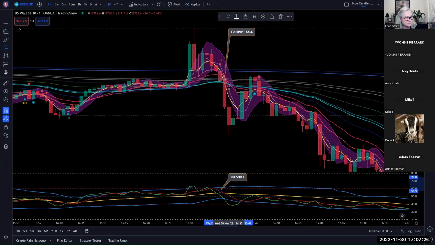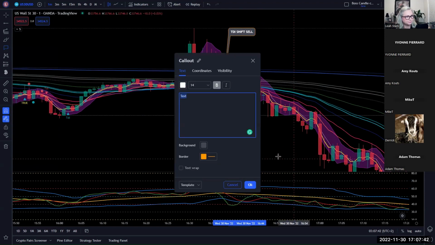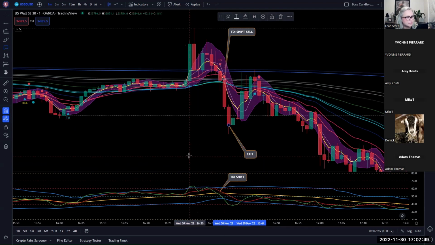And where did you end up taking this trade to? I took it to 1639 and a half. 1639. Okay. So this is the exit candle. Did you trail your stop or did you set a take profit? It hit my trailing stop. Okay.